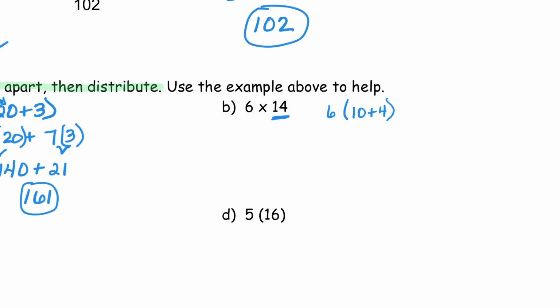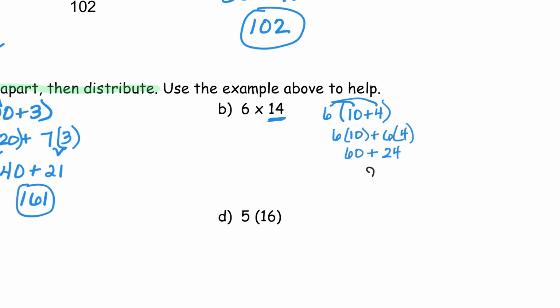I have 6 times 10 plus 6 times 4. 6 times 10 is 60, plus 6 times 4 is 24. And your final answer is 84.